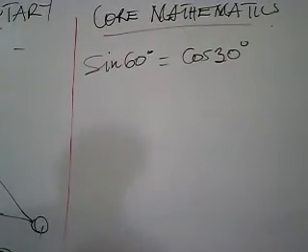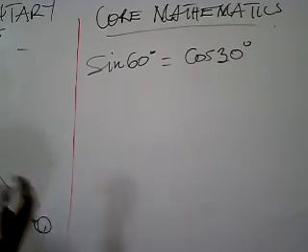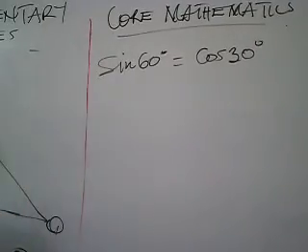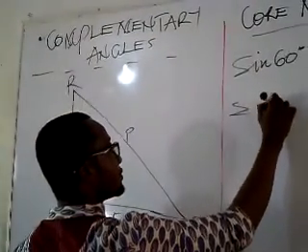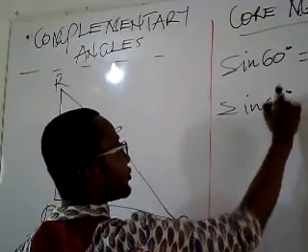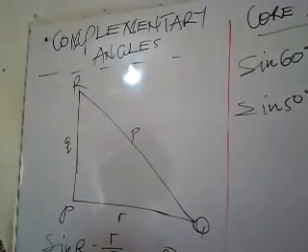Now, there is always a clue in solving questions under complementary angles. Suppose you have been given sine 50 degrees and you are asked to find the vice angle, which is the cos.